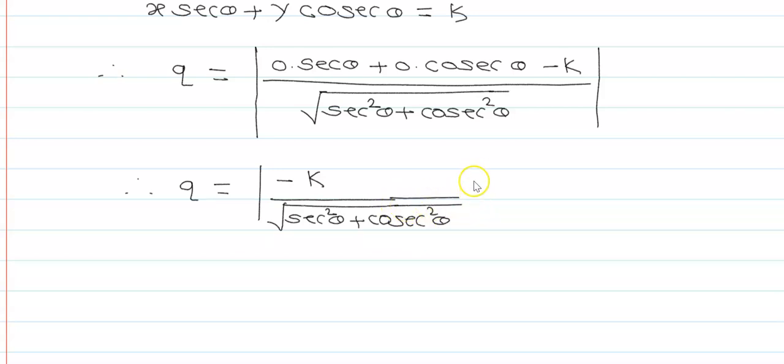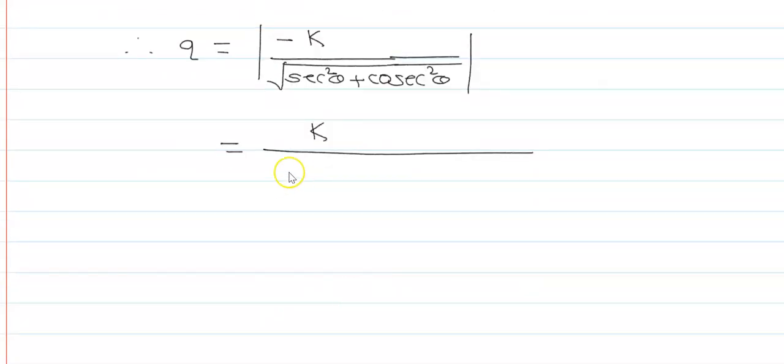Here this mod is completed. Again normally we will simplify this. That is k upon the square root of, sec square means what? 1 upon cos square theta.